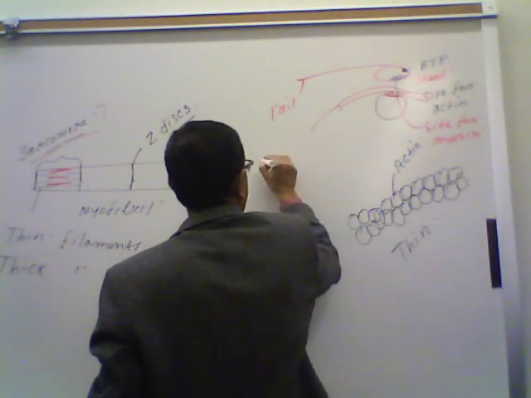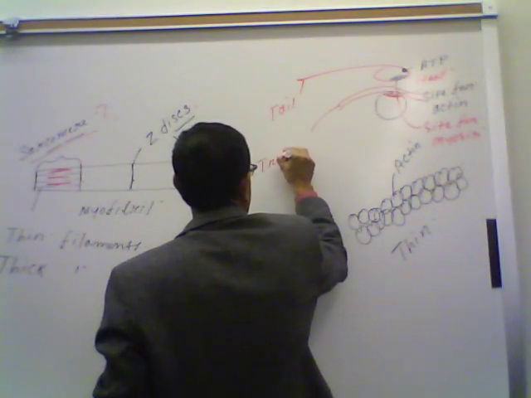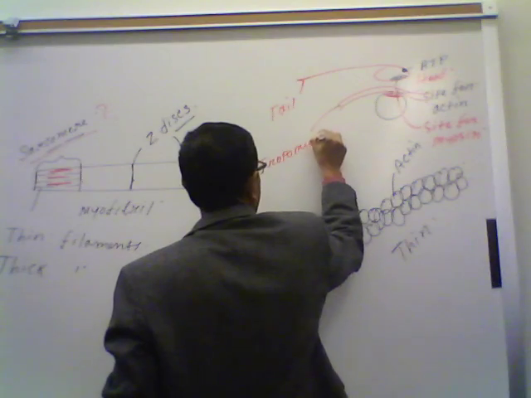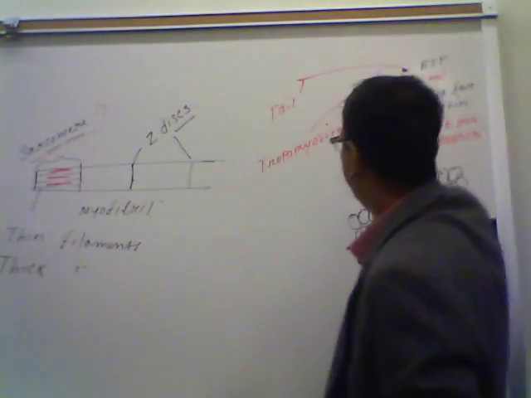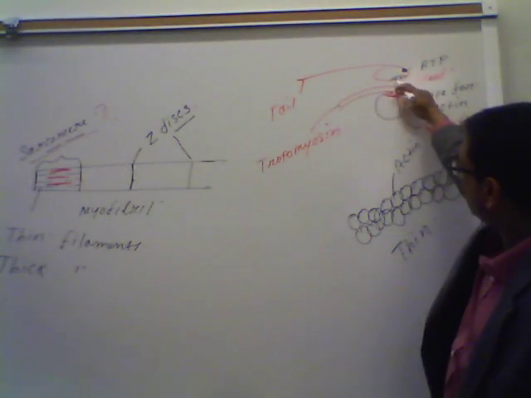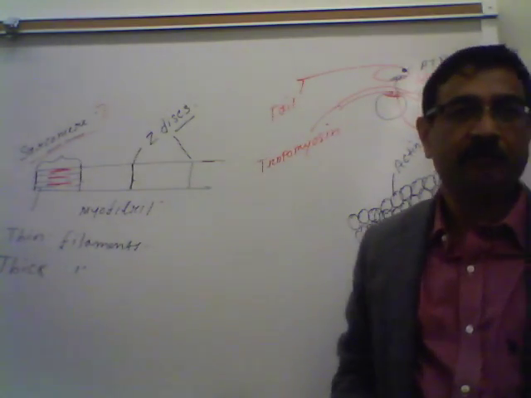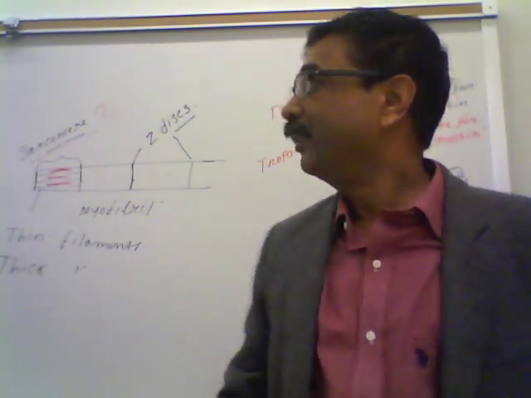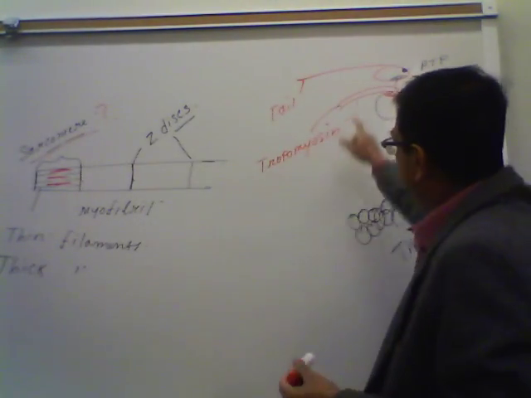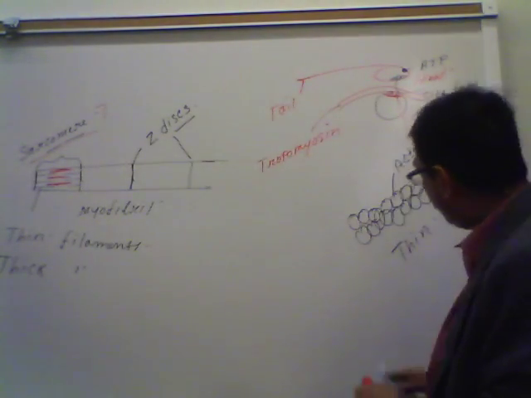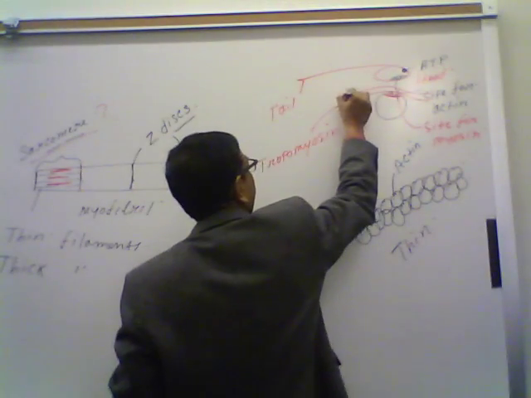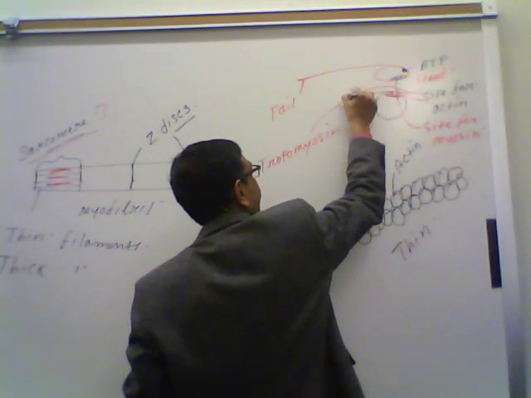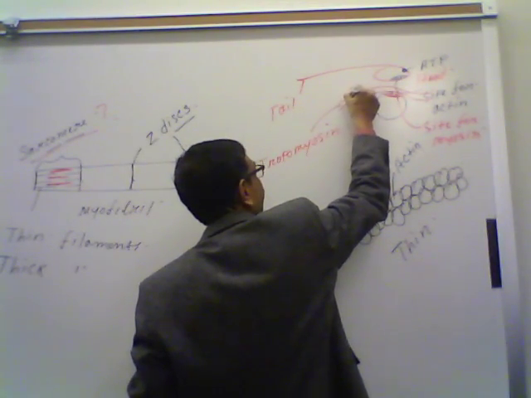So this is the tropomyosin, the rope-like structure that covers the binding sites on actin. And on the tropomyosin, you have tiny protein structures just attached.